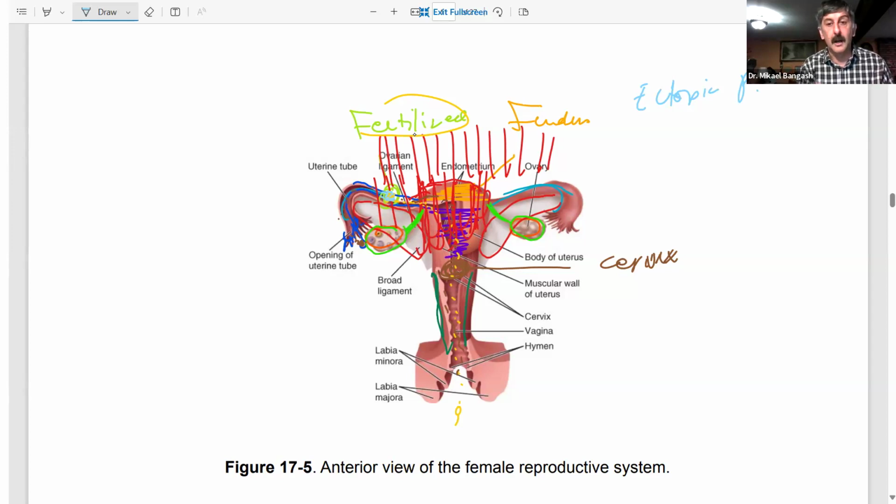It's not the suitable environment for it, not to mention it's going to be too big to fit in the tube. So they have to be terminated, unfortunately.